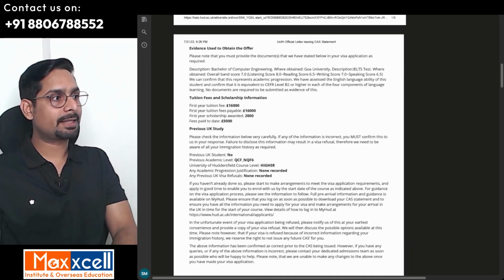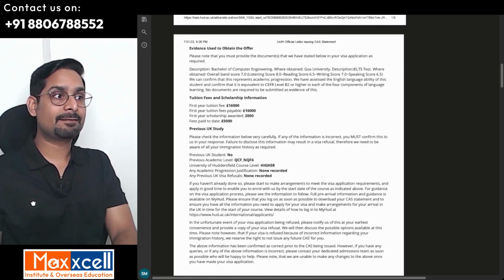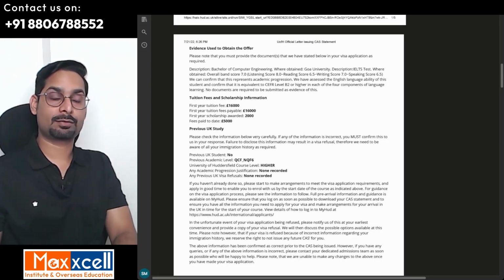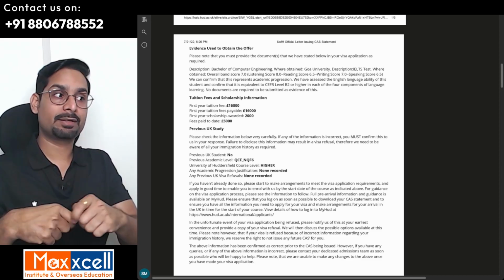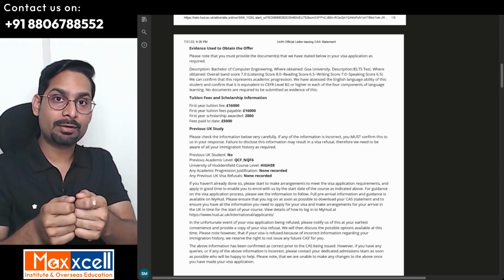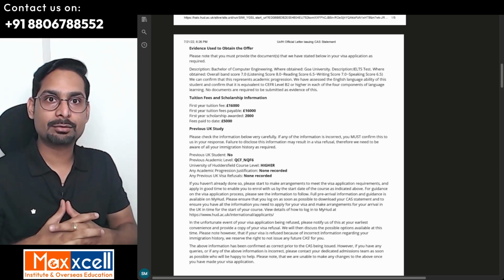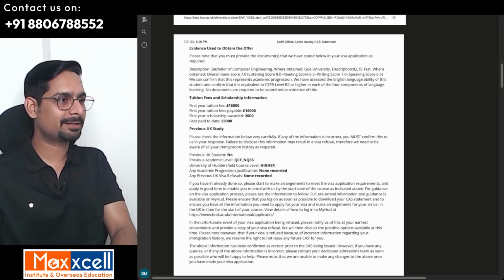In the CAS statement, the university also mentions the evidence used to obtain the offer letter. So when you applied and the university gave you the offer letter, what details had you sent to the university in order to get it?